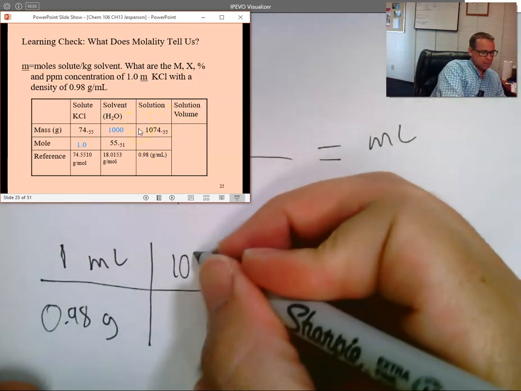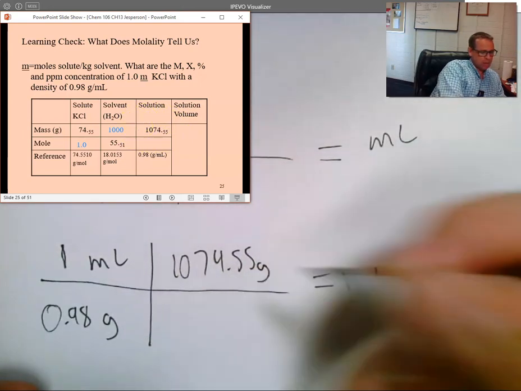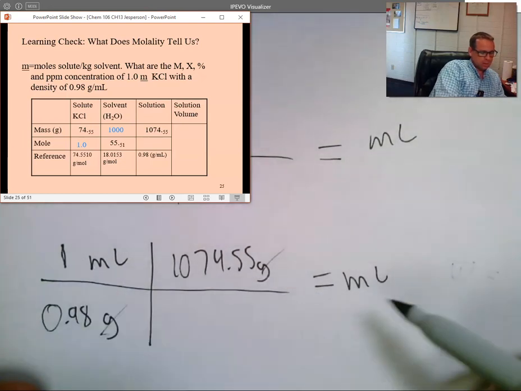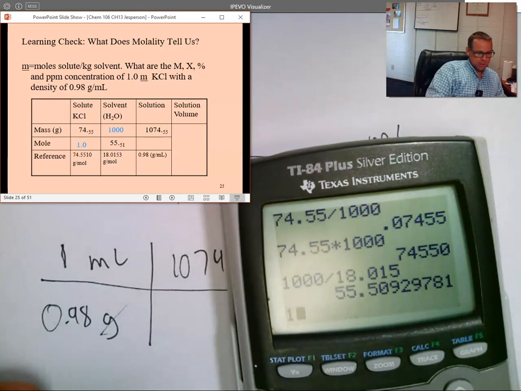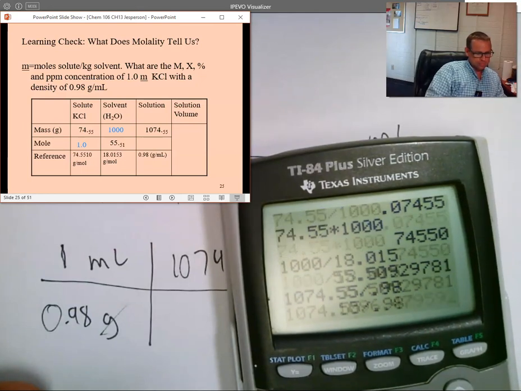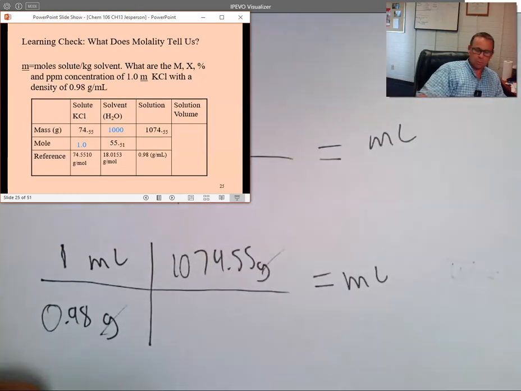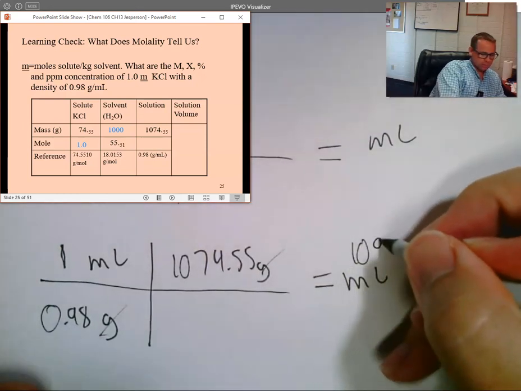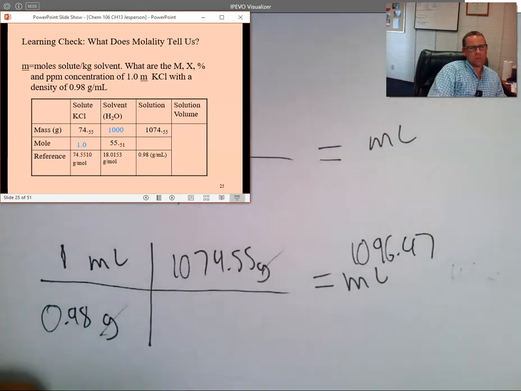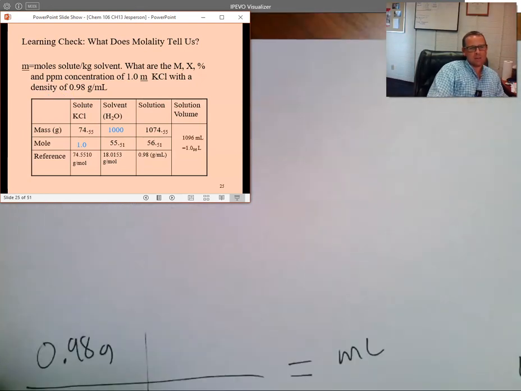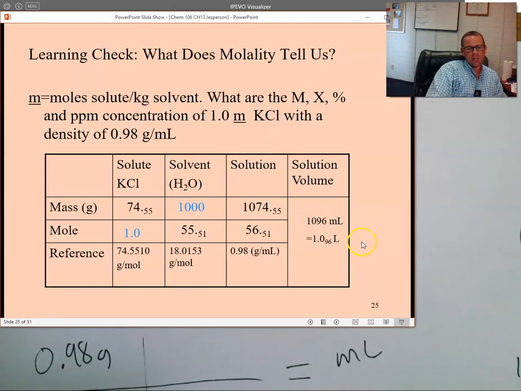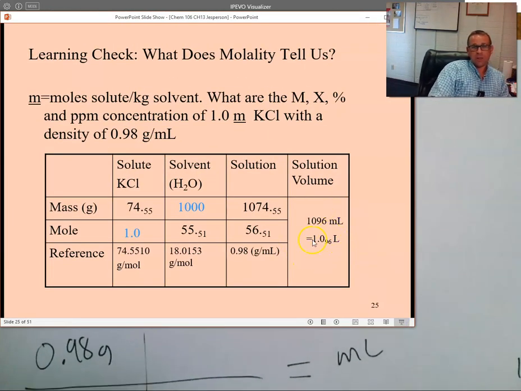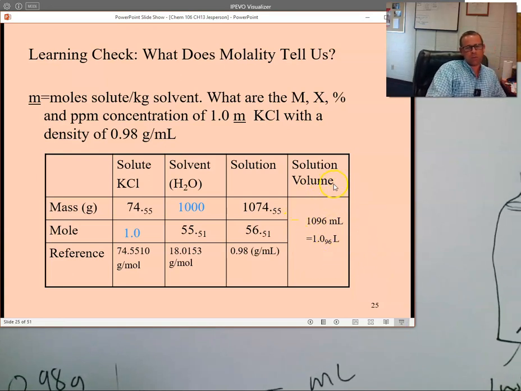That's right, so the 1074.55 grams will cancel out, and I'll be left with milliliters. So 1096.47. That's our volume of solution.